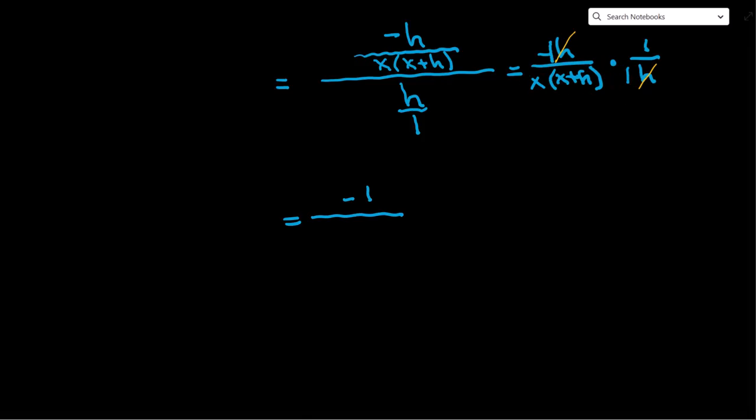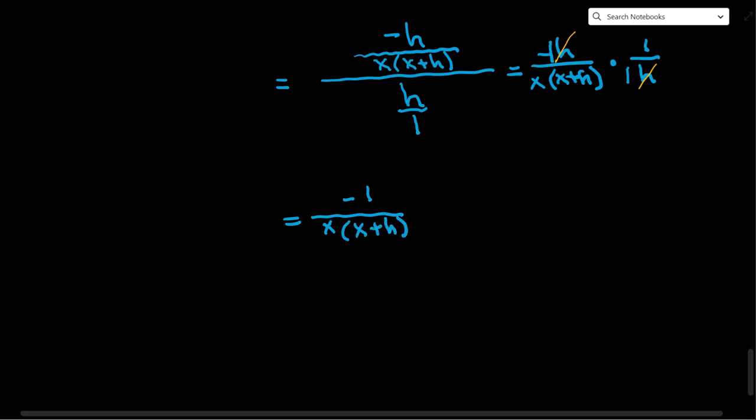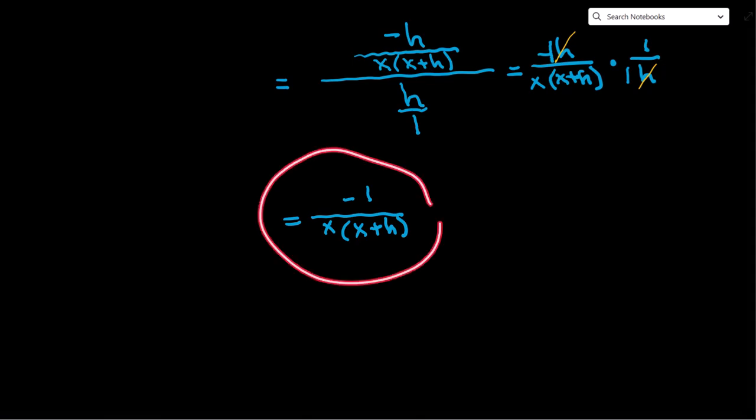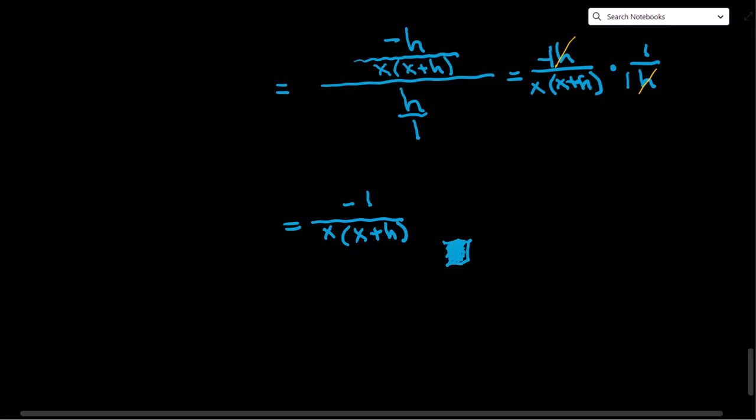And when you take 1 times the x times x plus h, what you're going to get is x times x plus h in the denominator. This whole deal here is now our difference quotient. Okay, and I can go ahead and put the little shaded square there to say we're done with that one.